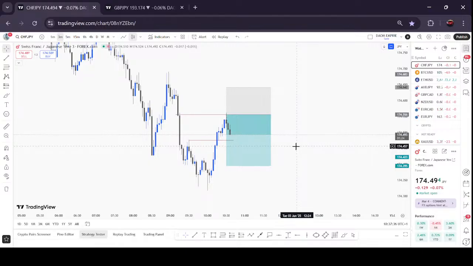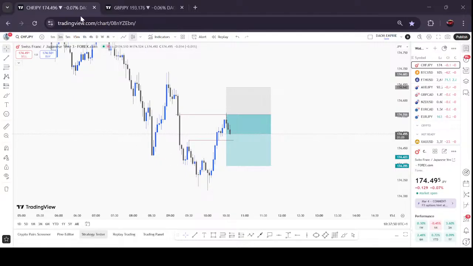Let's hold on to our trade. If it closes below that line, I'm going to add another position to the sell. It's happening, ladies and gentlemen. I hope you guys are taking advantage of this trade.